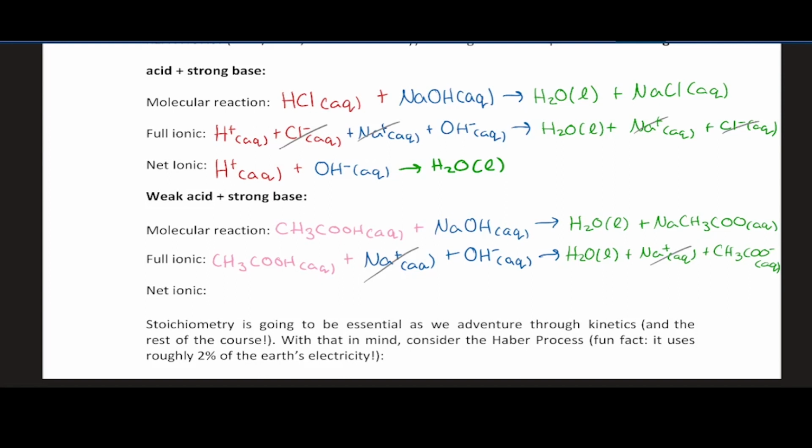So our net ionic equation ends up being acetic acid plus hydroxide goes to water plus acetate.